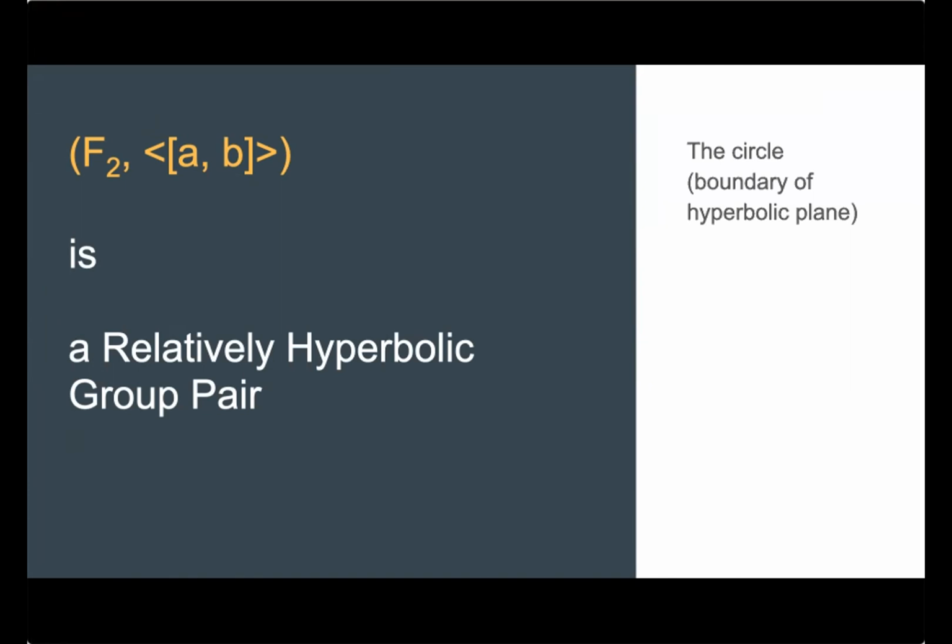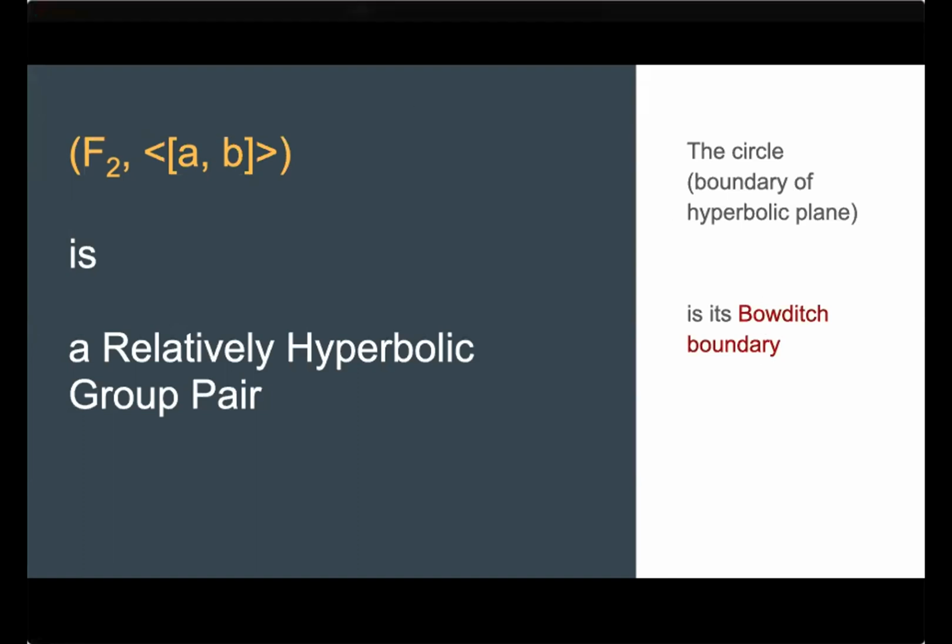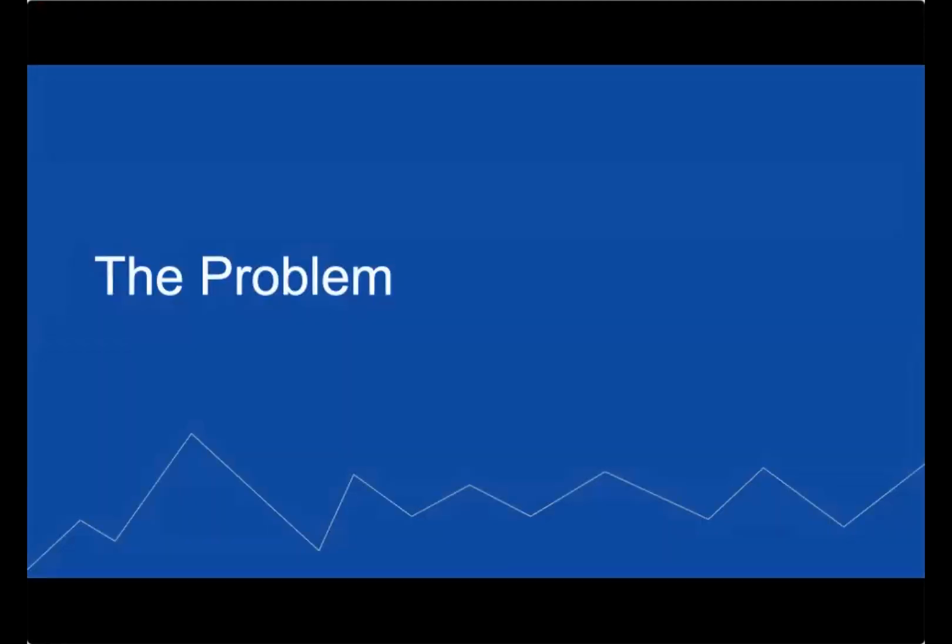And the other thing that we are interested in is the boundary of the space on which the group is acting, which we call the Bowditch boundary in this case. So with this example as a backdrop, let's come to the problem that we are studying in this paper.